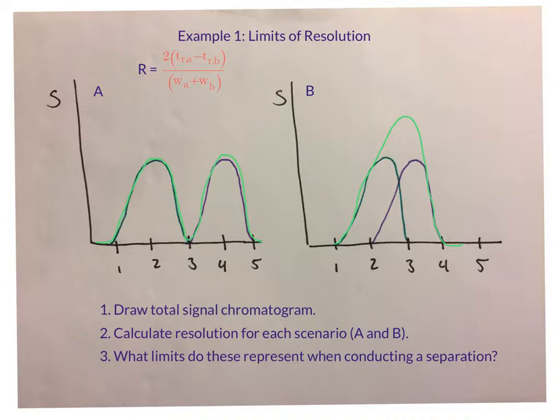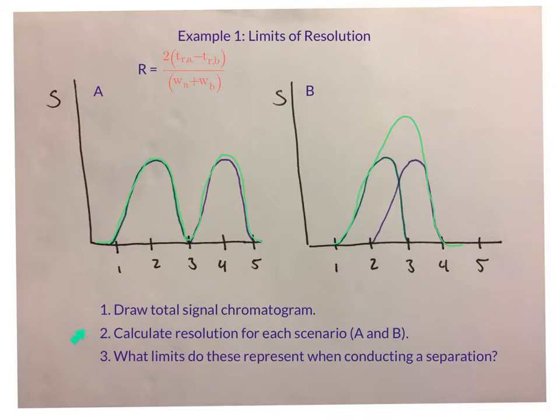Or it could be where we're looking at two different wavelengths for Raman excitation, or perhaps we're looking at a tandem separation method where we're going into a mass spectrometer and then we've got two different M over Z's that we're looking at. But a vast majority of our life will be looking at this total signal chromatogram, and so it's very important to understand how these things work.